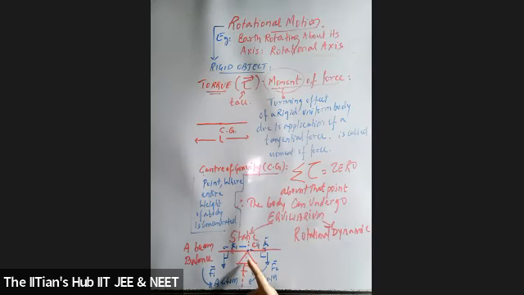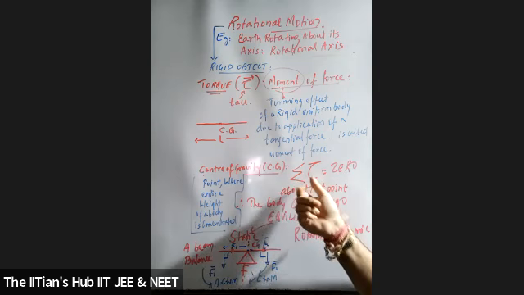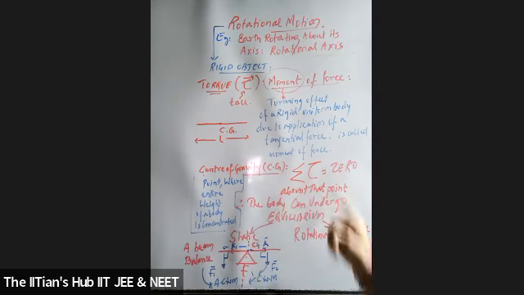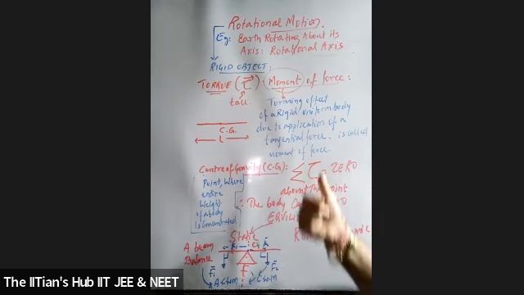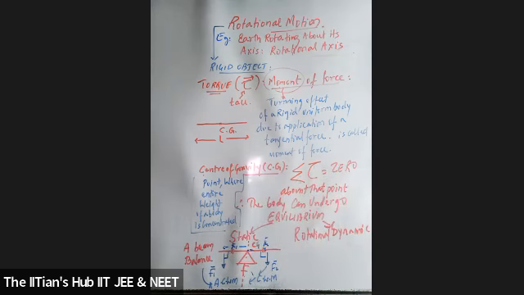So what kind of equilibrium is this? It is called static equilibrium. Why? Because the algebraic sum of total moment of force about that point is equal to 0. In rotational dynamics, what will happen? The algebraic sum of net moment of force about that point is equal to 0, but still the body is moving with constant angular velocity, students.